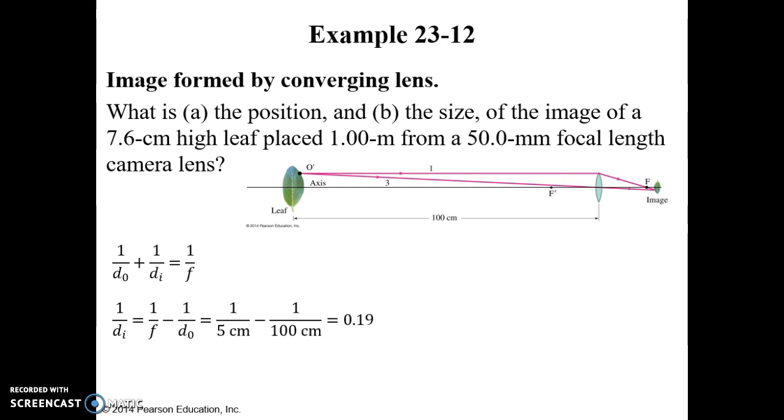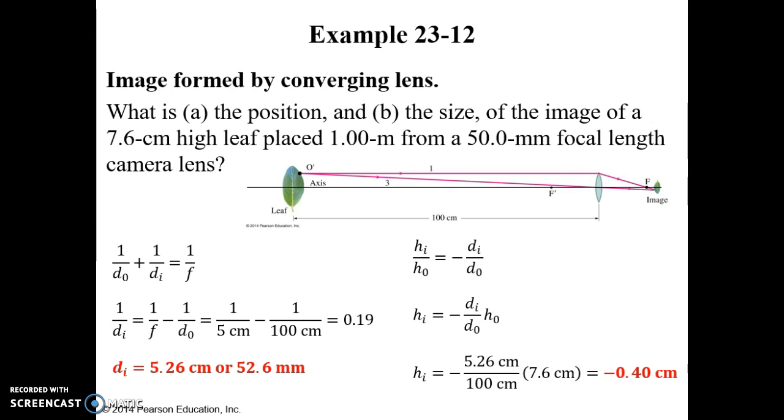Note that I'll keep the units in centimeters, so the focal length is 5 centimeters and the object distance is 100 centimeters. Plug and chug to get 0.19. Take the reciprocal to get the image distance to be positive 5.26 centimeters or 52.6 millimeters.